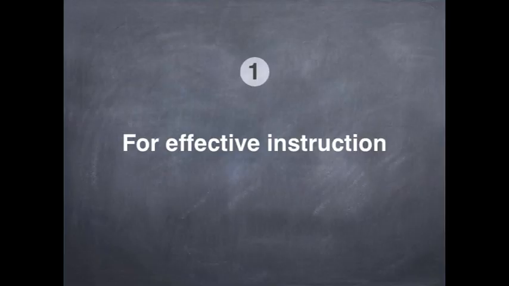So, educational technology is important for the following reasons. Number 1, for effective instruction. Research in instructional media reveals that motivated students can learn a great deal from any of the media. ET can improve the effectiveness of instruction.